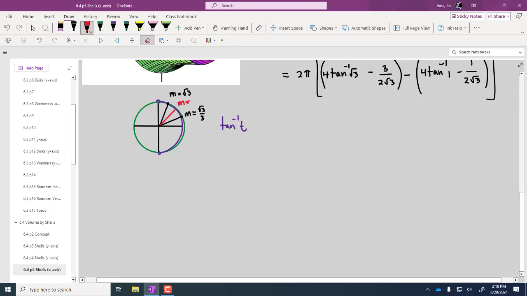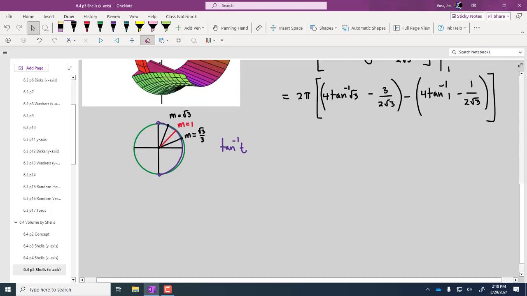If you're right in the middle, slope is 1. So those are the three slopes. Root 3 is the steep one at 60 degrees or pi over 3 radians. Slope of 1 at 45 degrees or pi over 4 radians. Slope of root 3 over 3 if you're at the shallow one, at pi over 6 or 30 degrees.